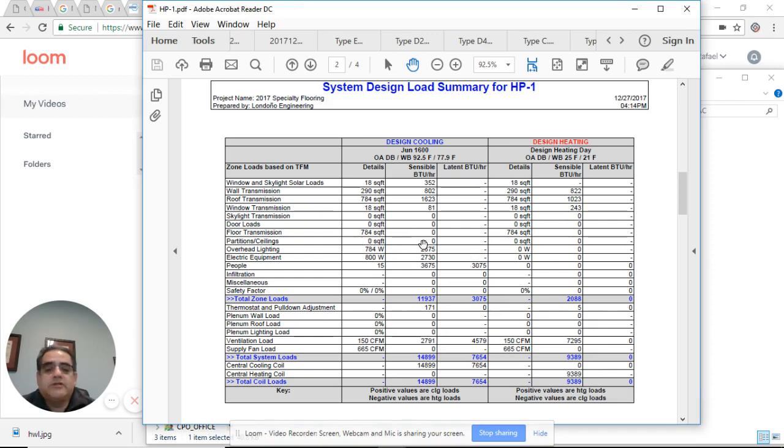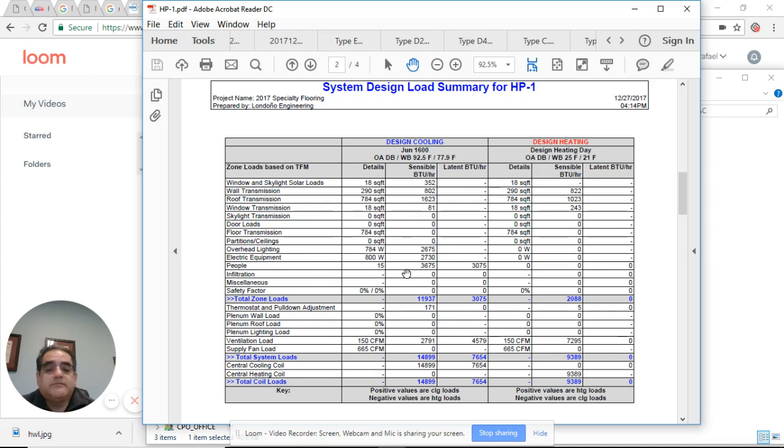How about that? Partitions and ceilings. Remember, we didn't do partitions. Overhead lighting, we have 2,700 BTUs of overhead lighting load. Electric equipment, 800 watts. That's 4 computers, 2,700 BTUs. 15 people.